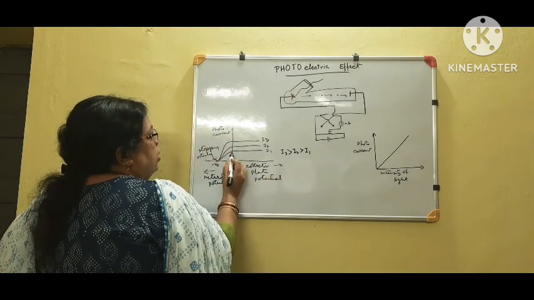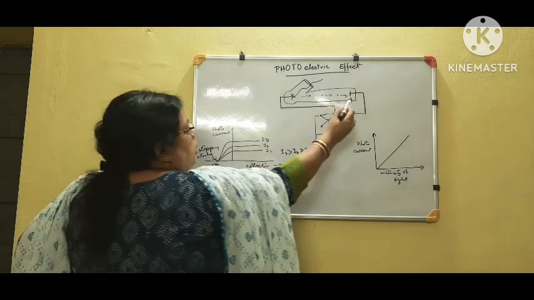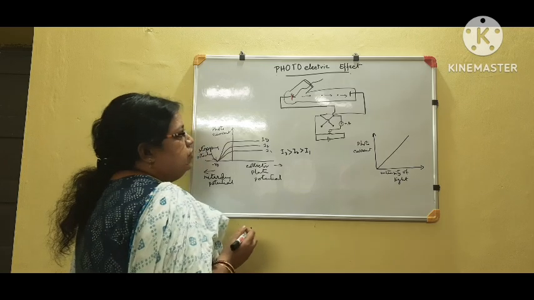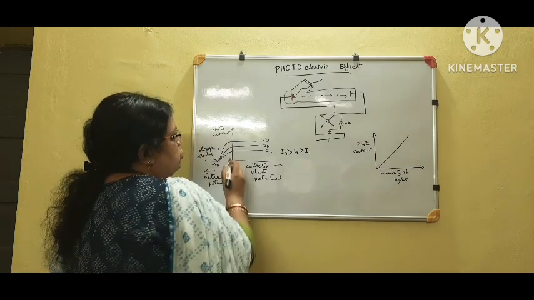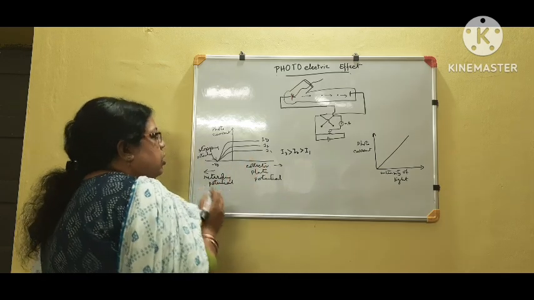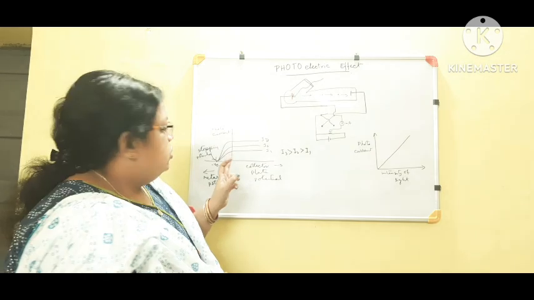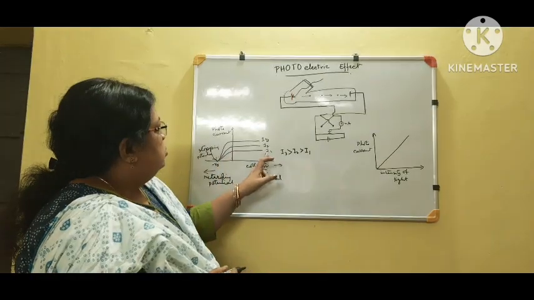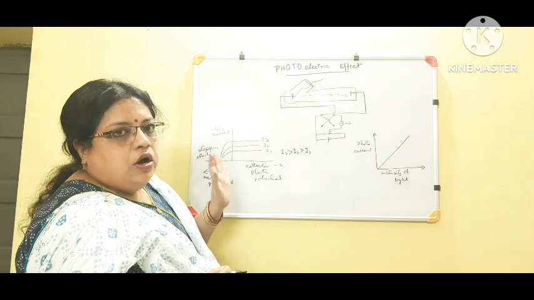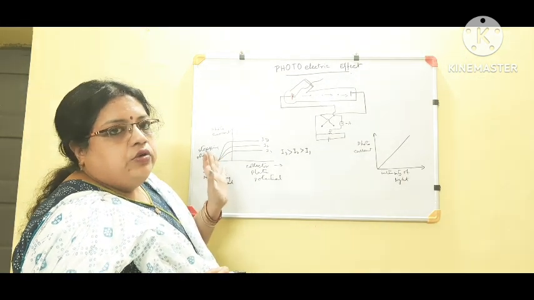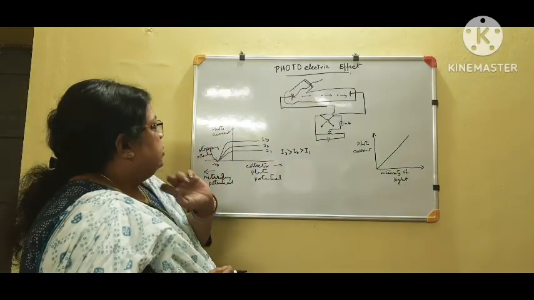There will be saturation in this portion when positive potential is given on the plate. When the saturation portion comes, all the emitted electrons are collected by the collector plate.